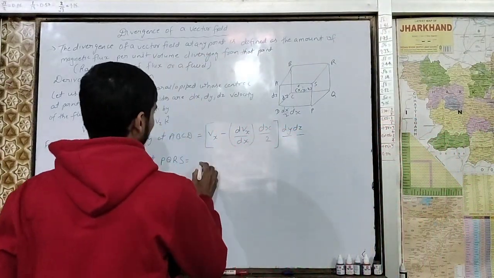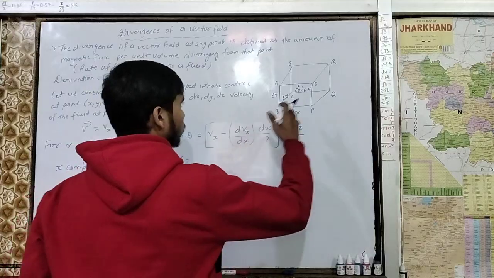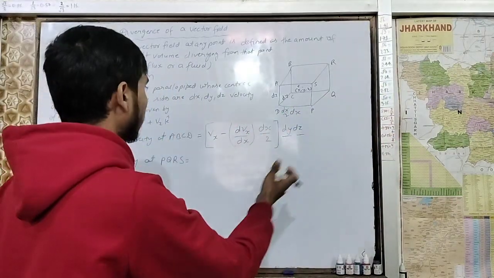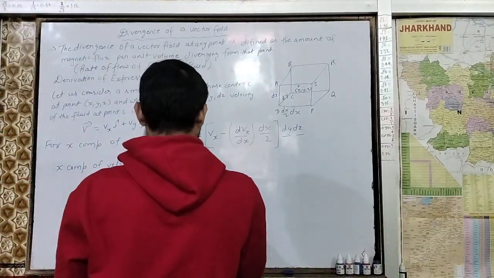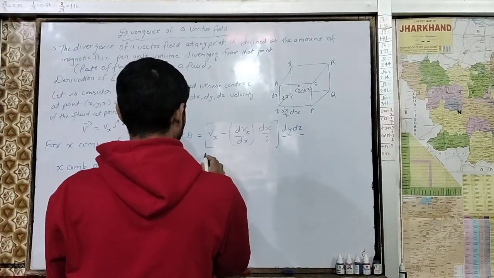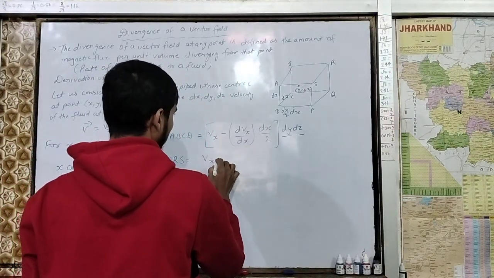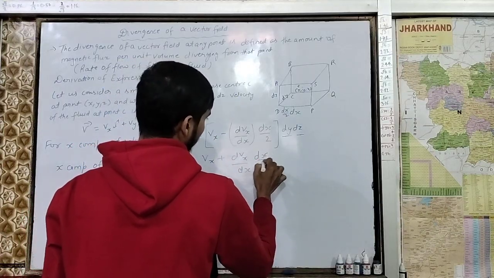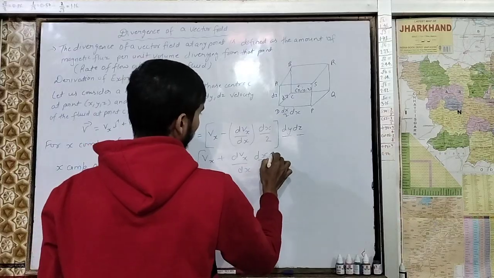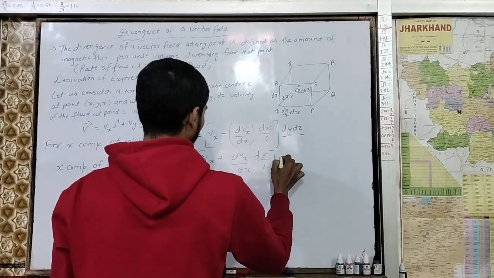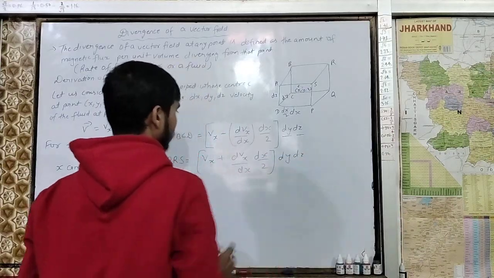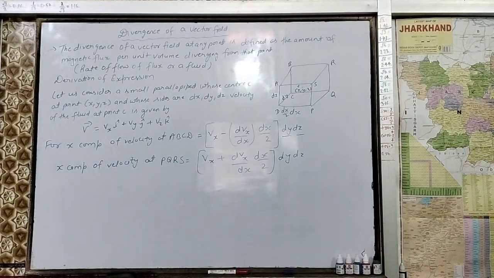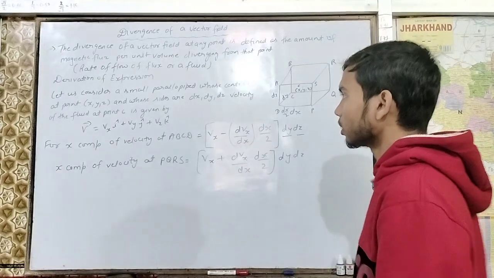Okay, so for the next surface you can take a positive sign, from the backward you can take a negative sign. Everything will be the same. Vx plus dvx upon dx, dx upon 2, into dy dz. Try to understand what the negative is working over here and what the positive is working over here.